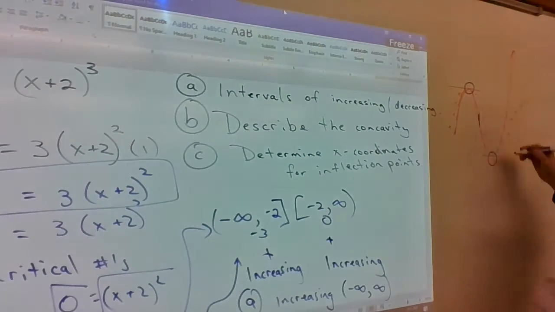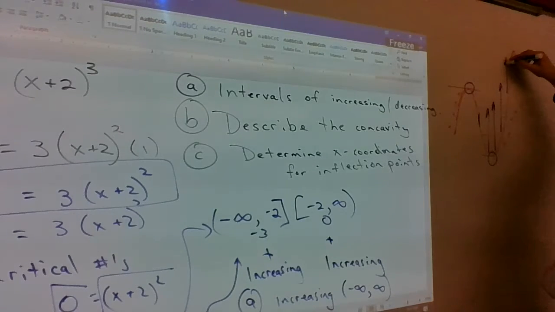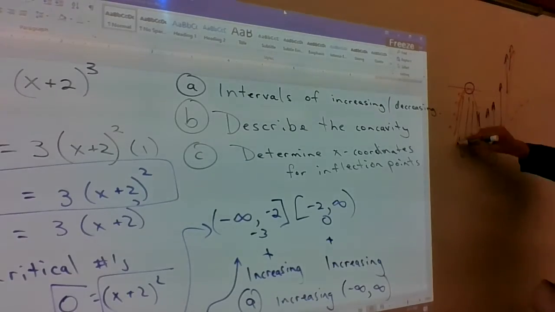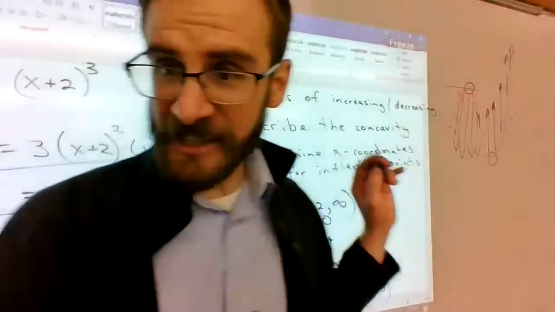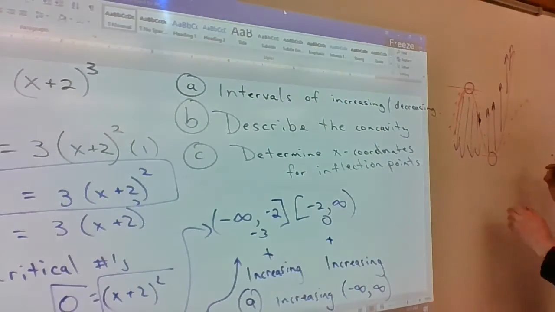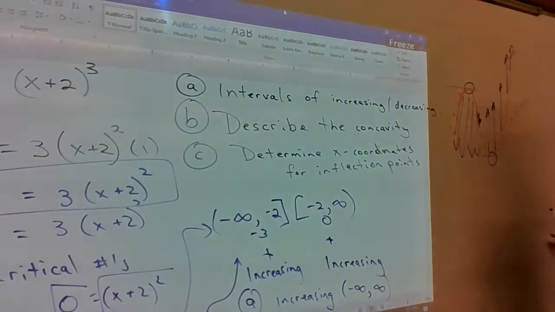Right here is the separating point between everything is being pushed up here versus everything here is being pushed down. That's where the concavity separation occurs here. Right here is the point at which it seems to be going from concave down to concave up.